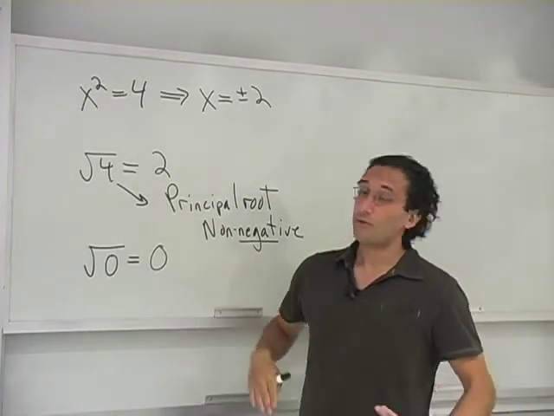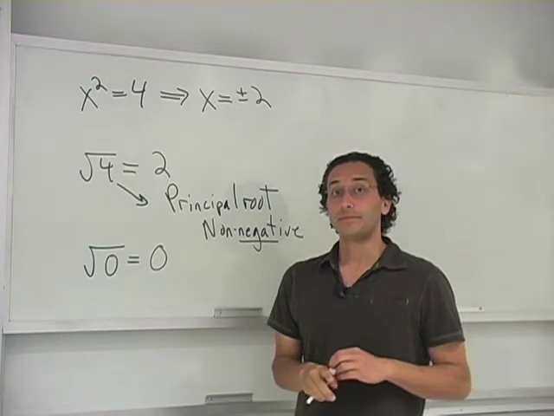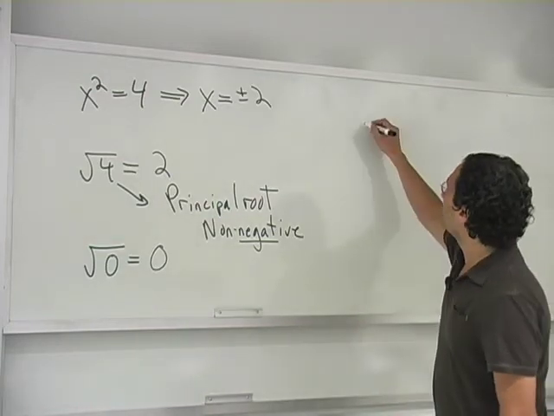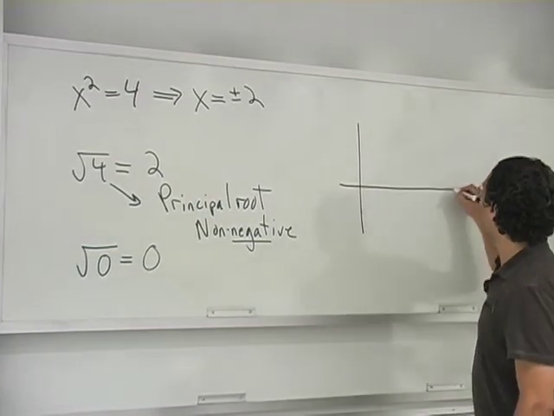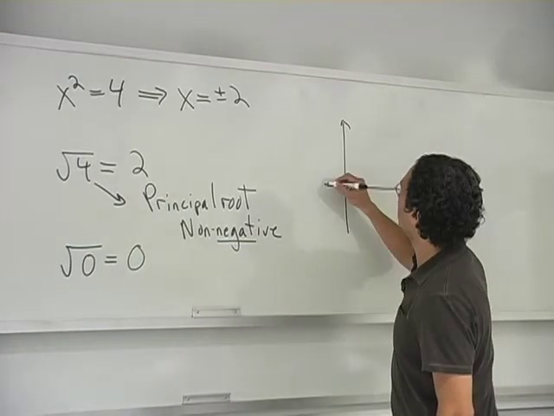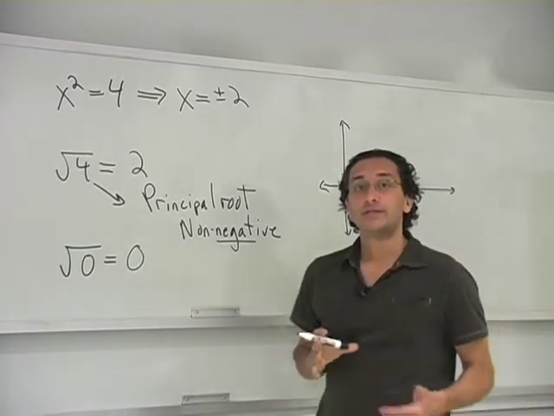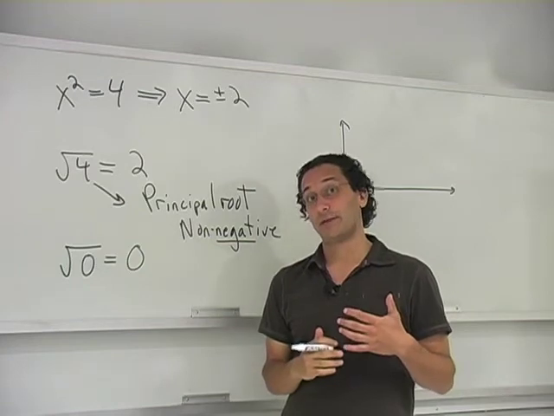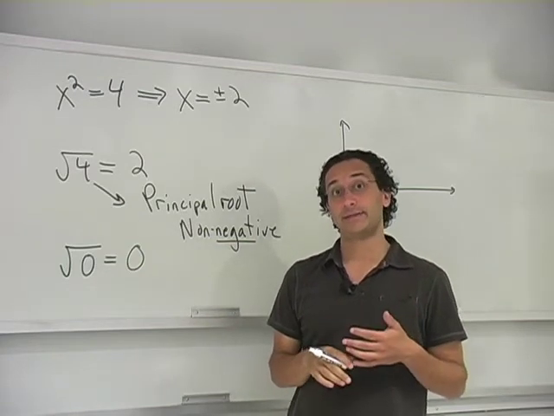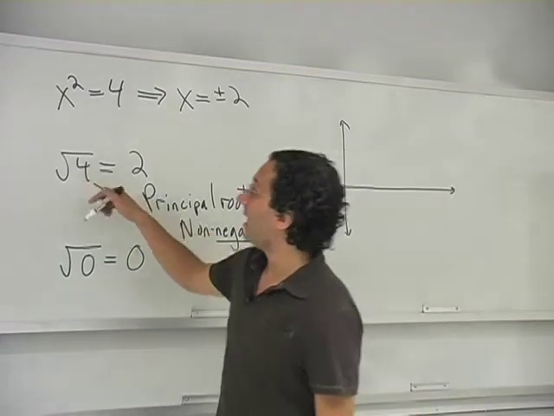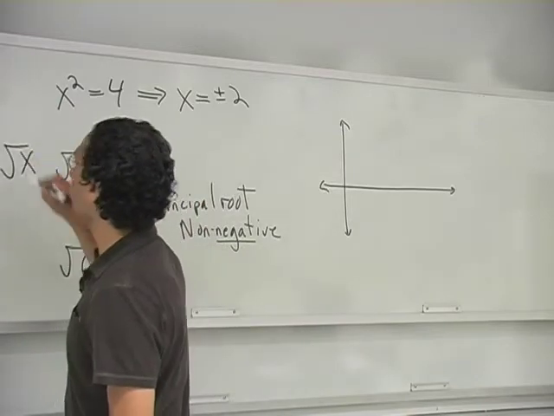So why are things set up that way? Well, for those of you who go on to take more mathematics, just as we can sketch parabolas and lines, you can also actually sketch the square root of x.